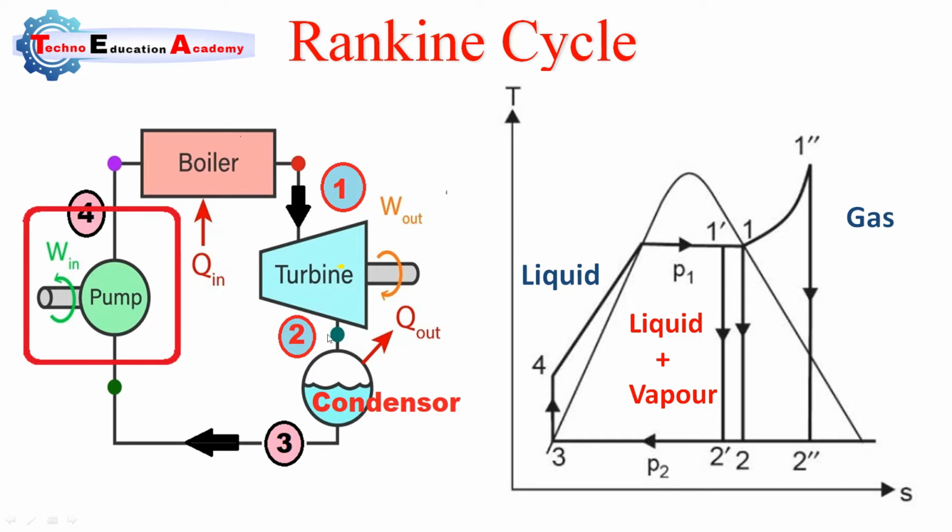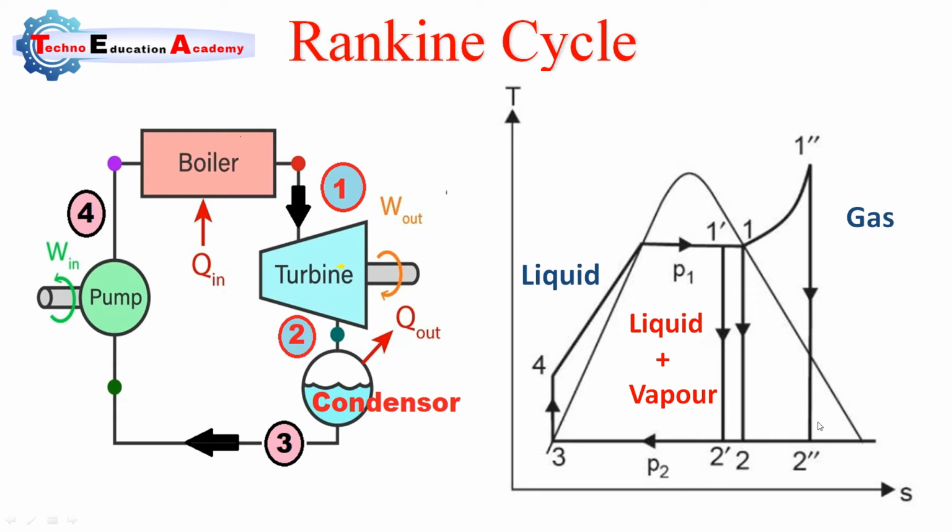So the steam coming out of the turbine is condensed in the condenser. We will discuss later the basic need of the condenser in the thermal power plant. The important role of the condenser is that it will increase the efficiency of the thermal power plant.